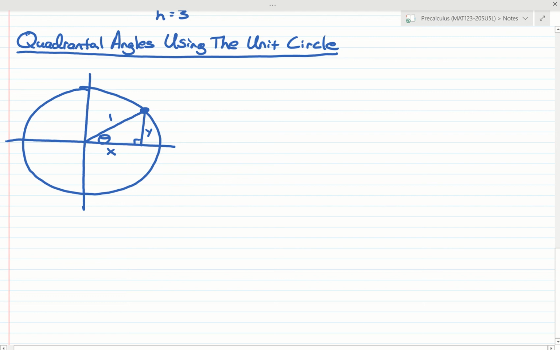Now, if our radius is 1, the sine of this angle would be the opposite side over 1, or just y. Cosine of this angle would be x over 1, or just x. And the tangent of this angle would be y over x. This is how we figure out quadrantal angles.